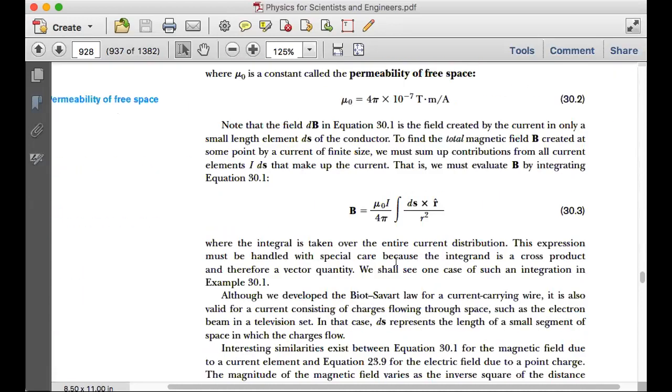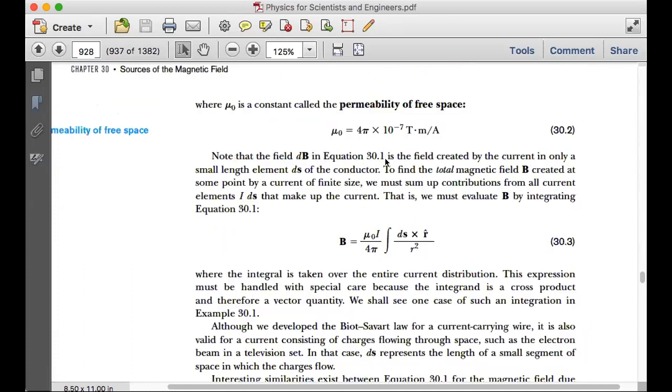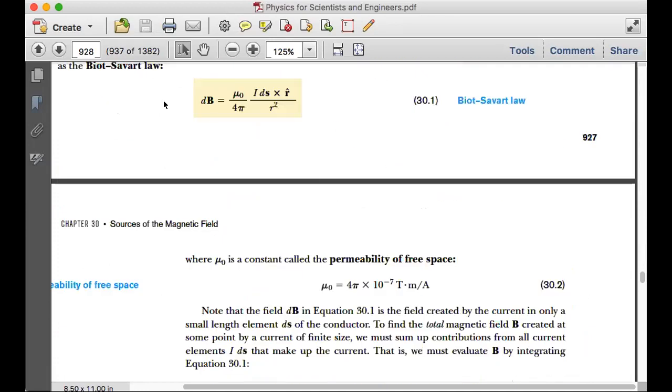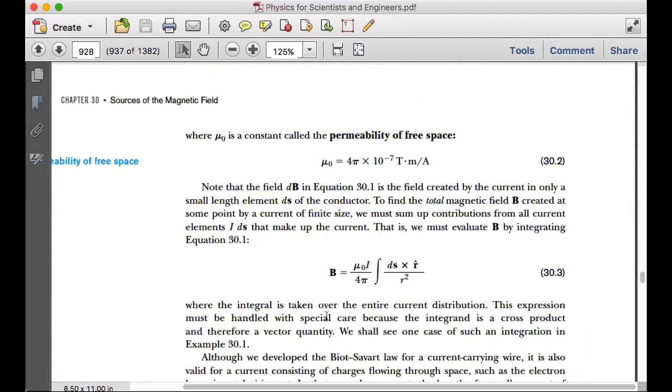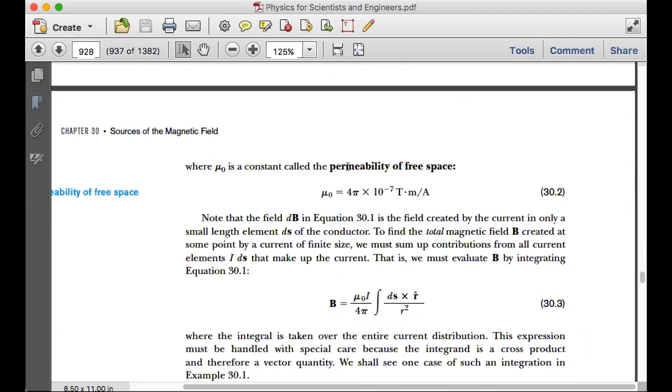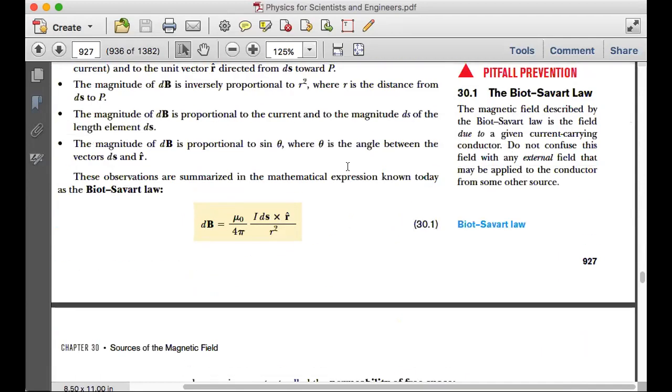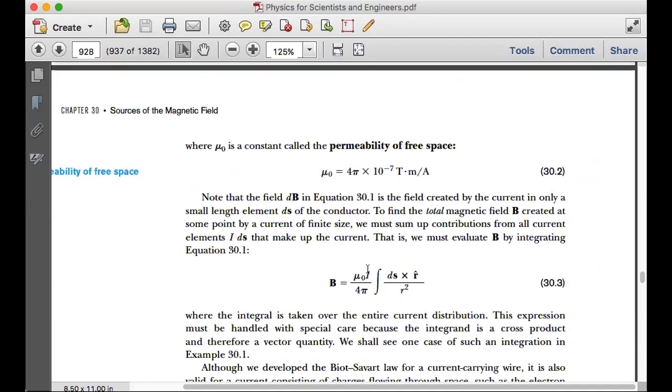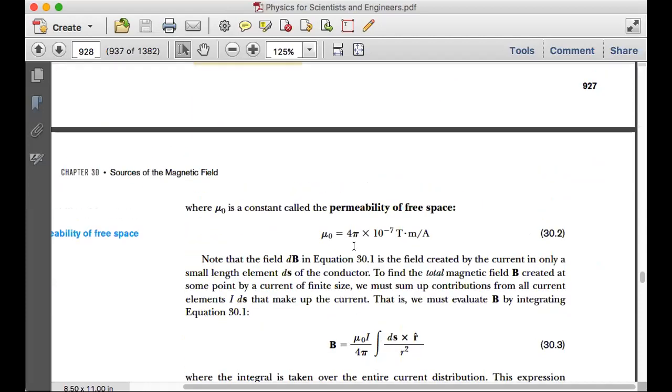So this is the infinitesimal form. To get B, we just integrate this. Usually we assume that I is a constant, or it can depend on time also, but this ds here is the coordinate.